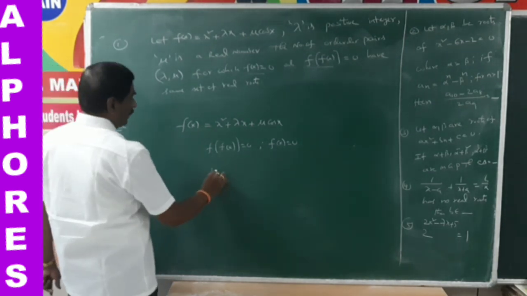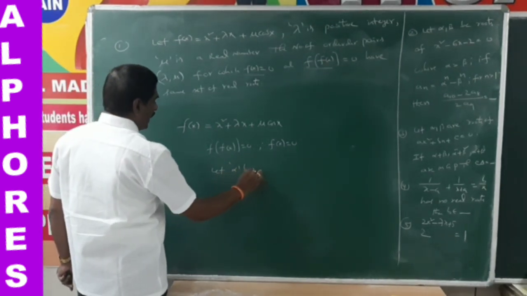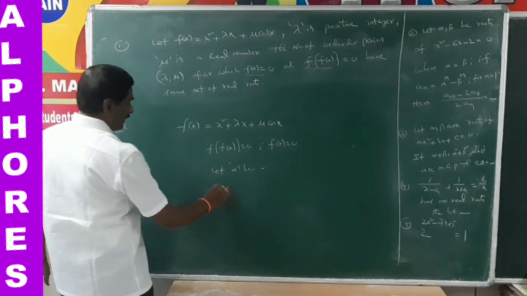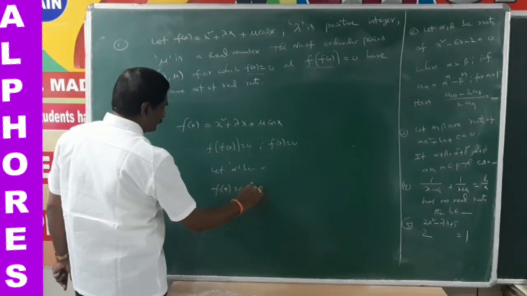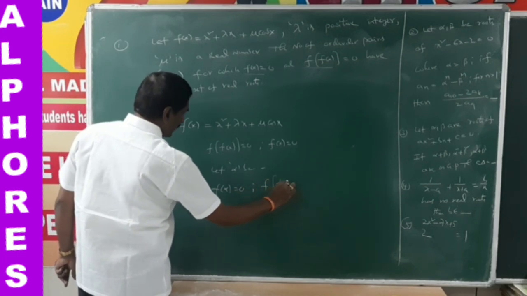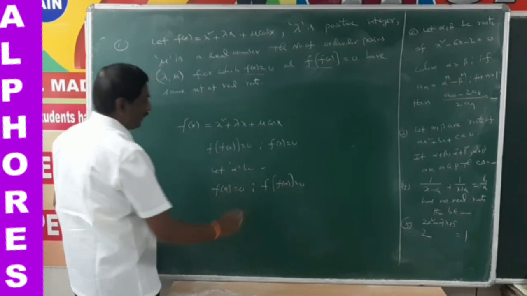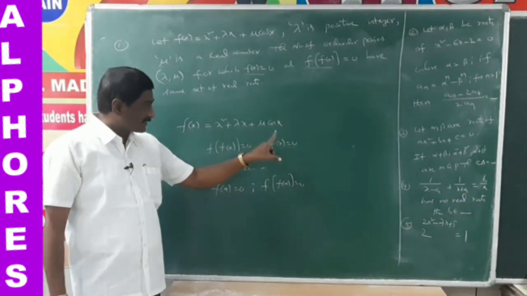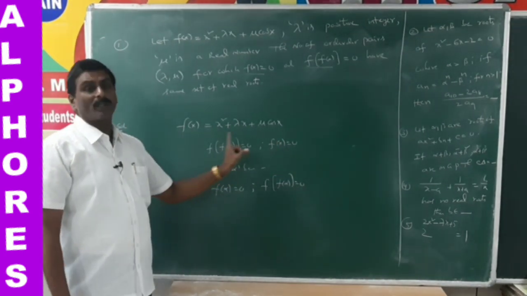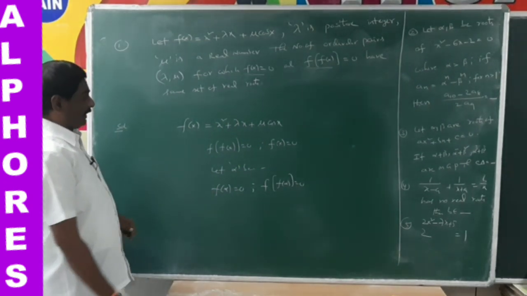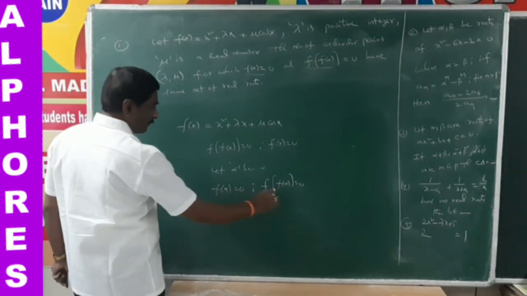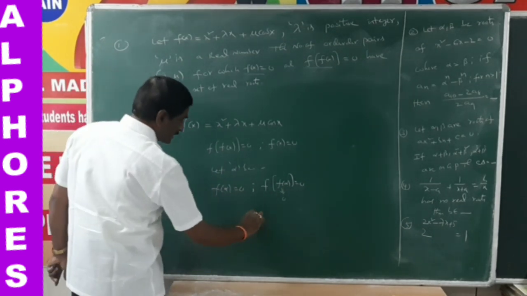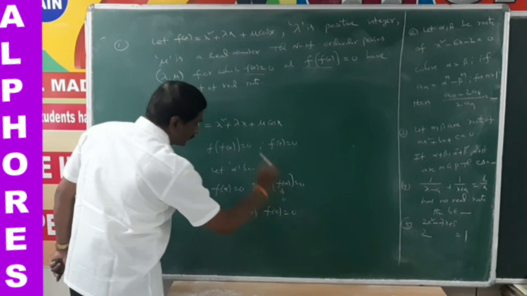Let α be one of the common roots of these two equations. Then f(α) = 0 and f(f(α)) = 0. Since α is the common root, it satisfies both equations. Here f(α) = 0, so f(f(α)) can be replaced as f(0), which implies f(0) = 0.